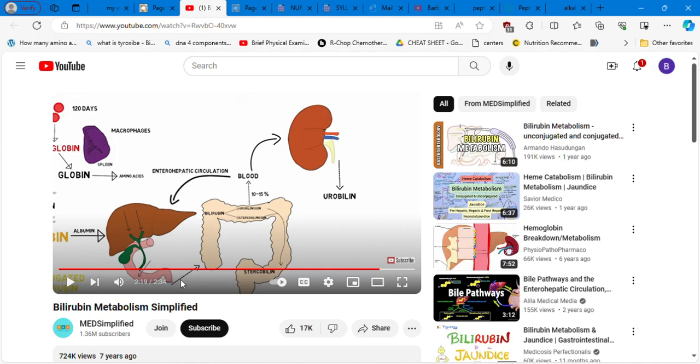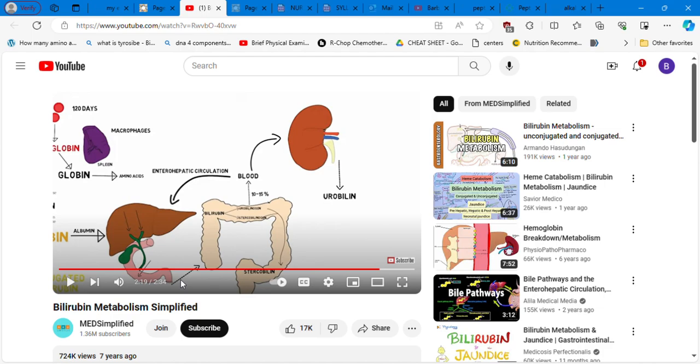So then there is a part before getting all these waste and metabolism products that is going to be unconjugated bilirubin that happens before the product enters the liver. Once it's in the liver, it's going to be called conjugated bilirubin, and that bilirubin is going to go through the biliary system.